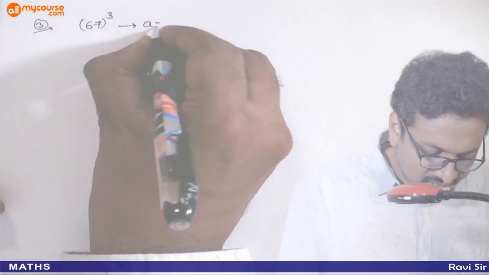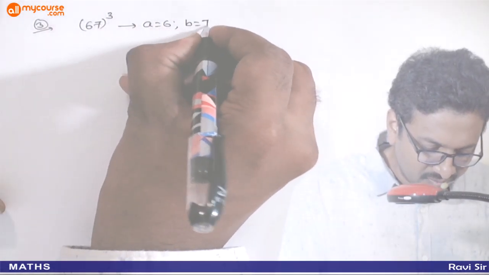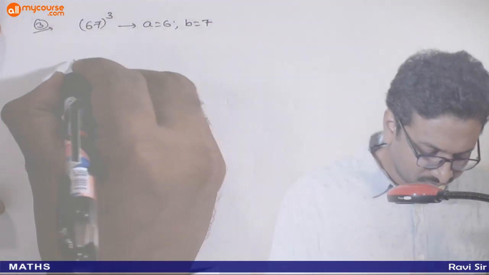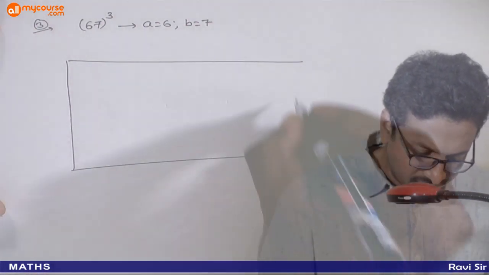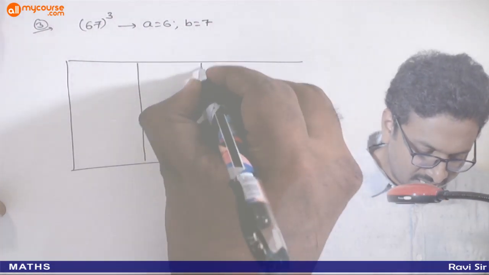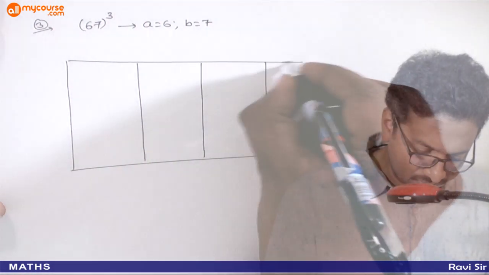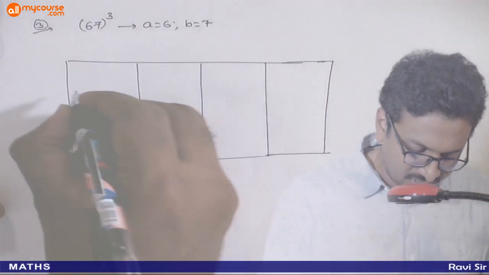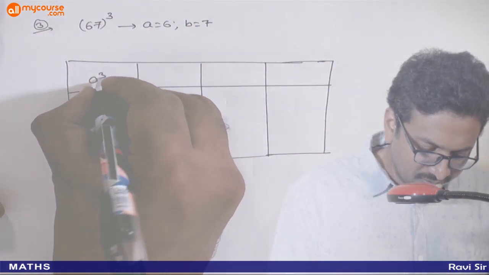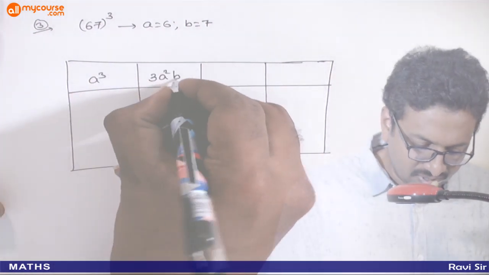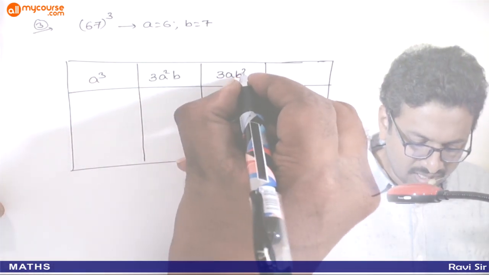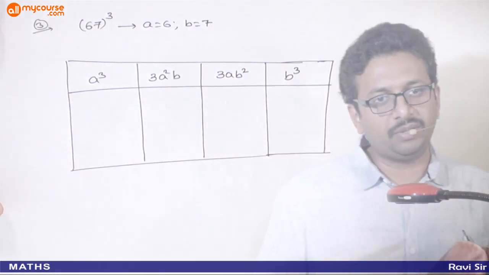Here a is 6 and b is 7. In my box there will be 4 columns: a cube, 3a square b, 3ab square, b cube.